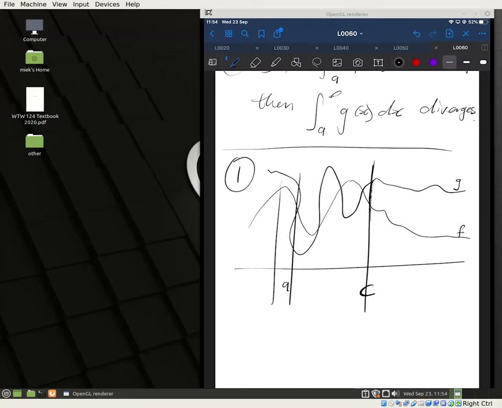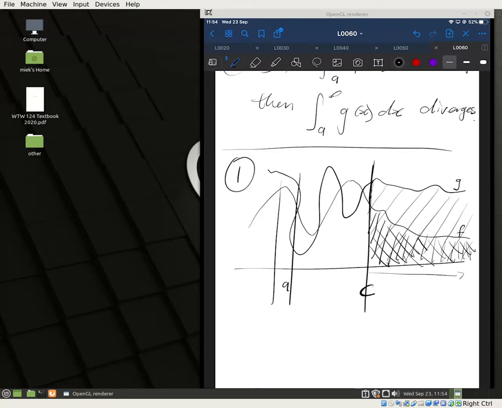Then, if we compare the integral of g from c onwards to the integral of f from c onwards, the integral of f is going to be smaller than the integral of g. And so if g converges, that means it converges to some finite value.